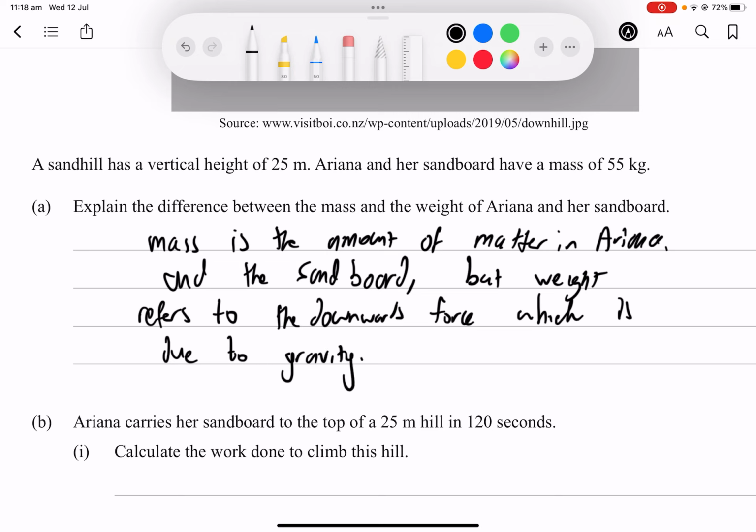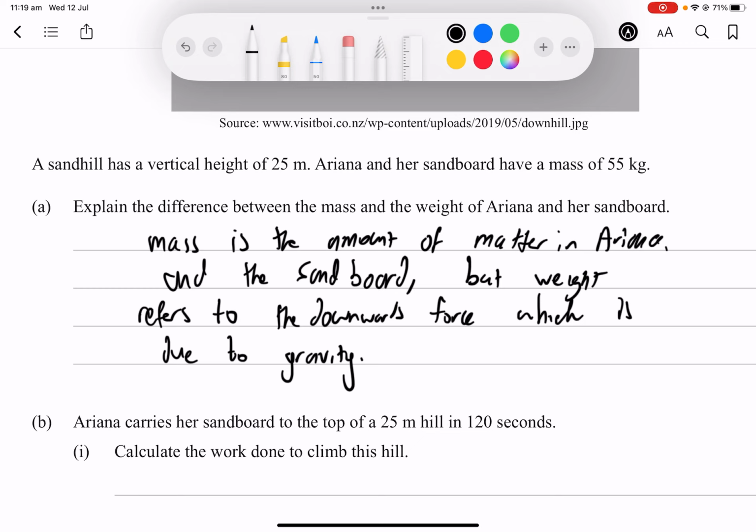Note that the gravitational field strength on Earth is about 9.81 meters per second squared, or newtons per kilogram. But the weight of Ariana and her sandboard can be different if she is in a different gravitational field strength. For example, on Mars, we expect Ariana and her sandboard to have a smaller weight.